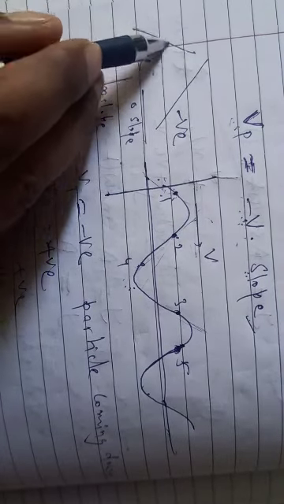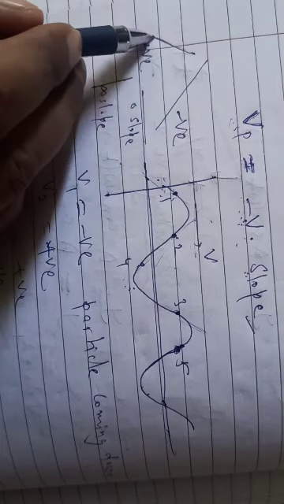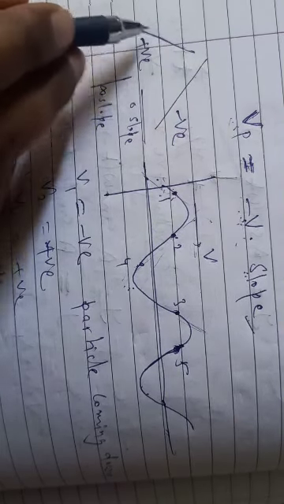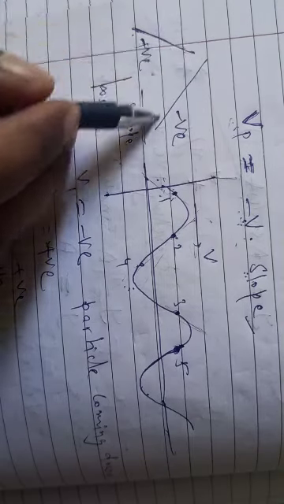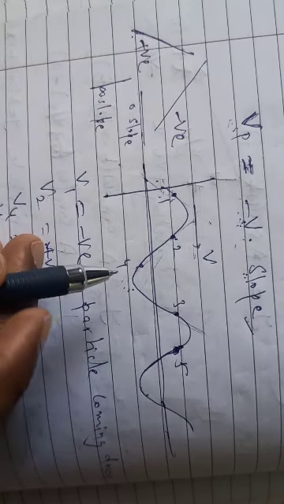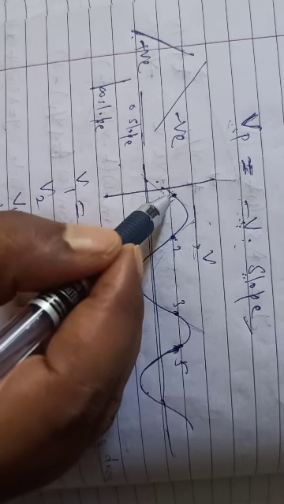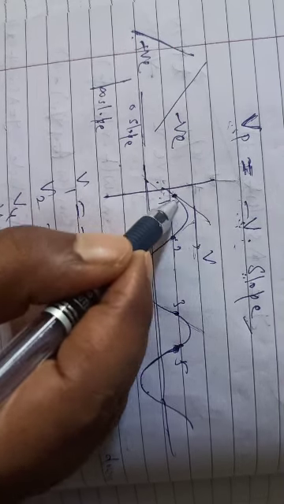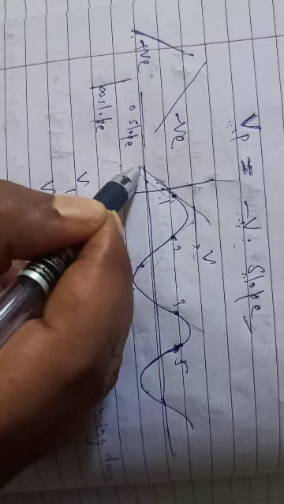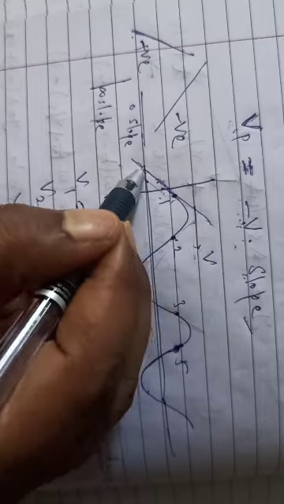First of all, you have to remember that for this line the slope is positive. If the line is inclined toward the x-axis, the slope is positive. This is negative slope, this is zero slope, and this is infinite slope. So for this point, if you want to find out the slope, you have to draw a line touching it. So the slope is positive because the line is in this direction.